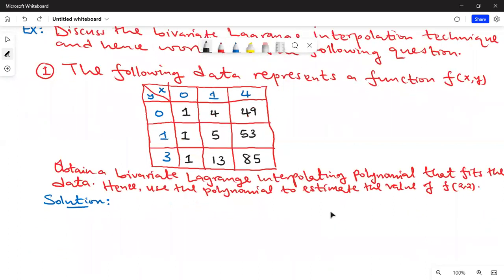So first of all, let's talk about the bivariate Lagrange interpolation. I want us to take note that the term bivariate simply means a function of two independent variables.